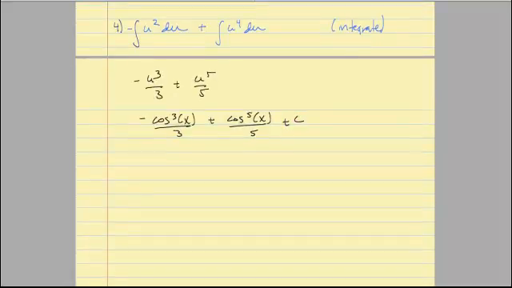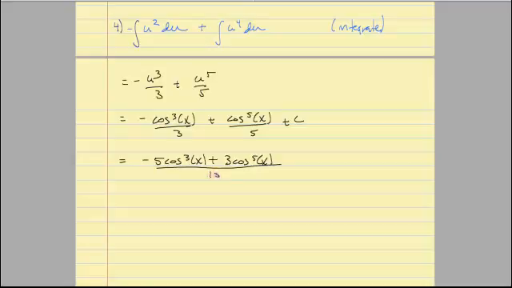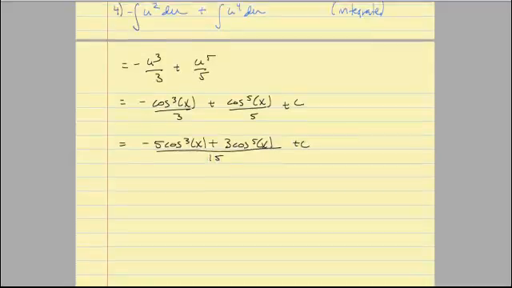And I really recommend finding common denominators and whatnot here. The reason we'll want to do that is eventually we'll be evaluating these, and they're easier to evaluate when they're simplified. So the common denominator would be 15, so I have minus 5 cosine cubed of x plus 3 cosine to the fifth of x, all over 15, of course dragging along my constant of integration.